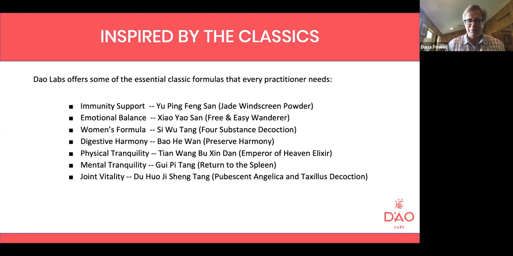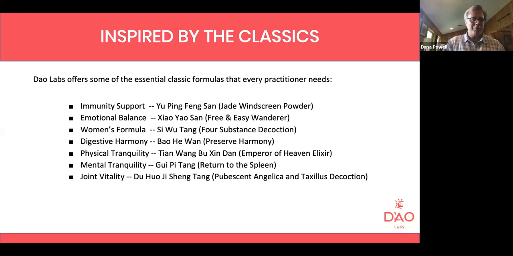Digestive harmony is preserve harmony pills. Physical tranquility is emperor of heaven elixir. Sometimes we also say supplement the heart. Mental tranquility is our name for return to the spleen decoction. And joint vitality is our version of pubescent angelica and taxillus decoction. These are super useful formulas in your clinical practice, things you need a lot.